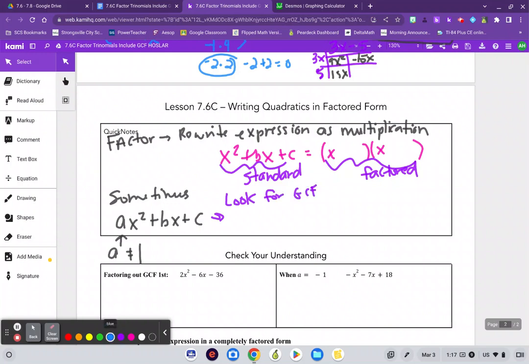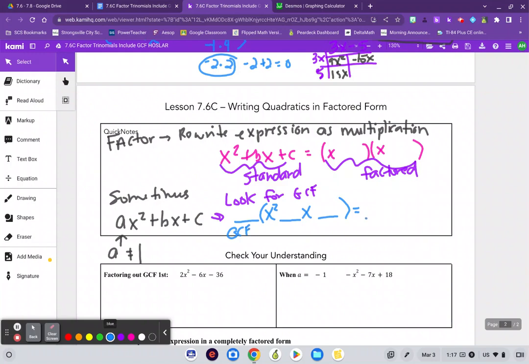And what that means is after I look for the GCF, I'm going to take this ax squared plus bx plus c, and I'm going to rewrite it as some number in front, okay? And then I'm going to have some x squared plus my x term plus my constant. And then I can break that down even further. So I'm going to say this is my GCF.